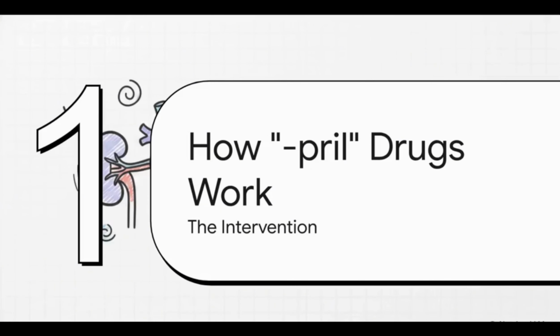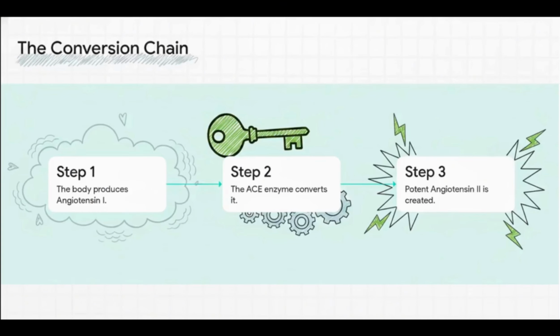So now, let's look at how ACE inhibitors actually work. It's a chain reaction. The body first produces what we call angiotensin I, which is essentially harmless on its own. However, in the presence of angiotensin converting enzyme, ACE, an enzyme that converts angiotensin I into angiotensin II, that's where the problem starts.